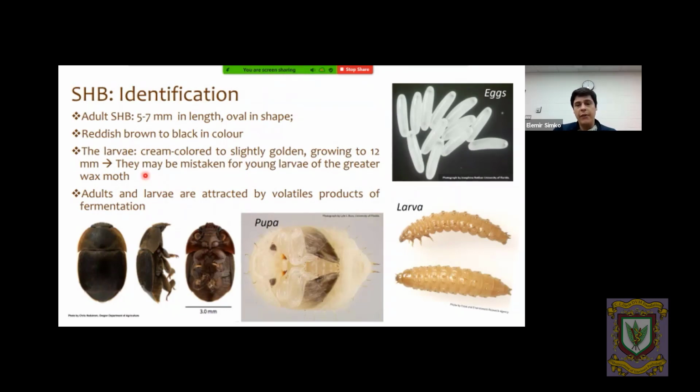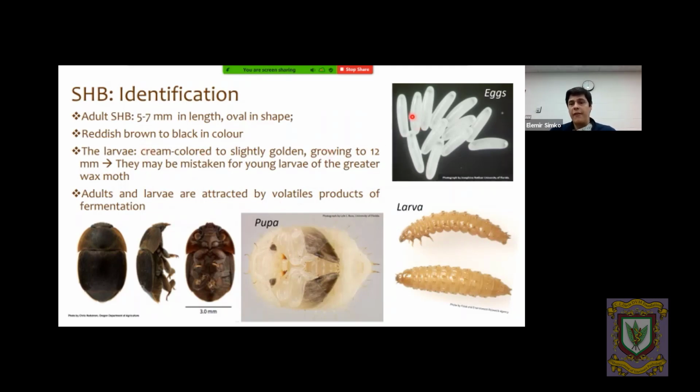And larvae are cream color to golden, and they can grow to 1.2 centimeters. It's important to notice that these larvae can be mistaken for wax moth larvae, but this one should be a little bit smaller, and the wax moth larva should present prolegs at the back part of their body.